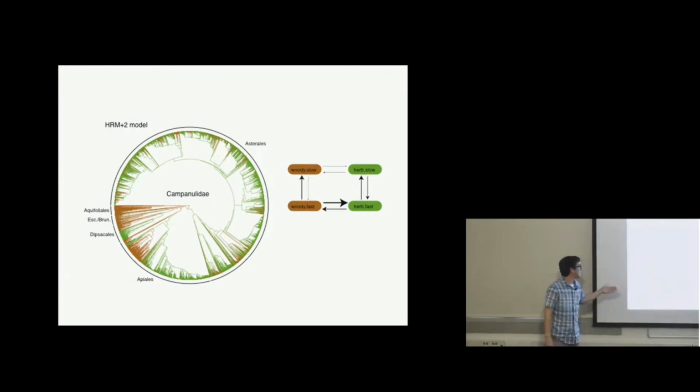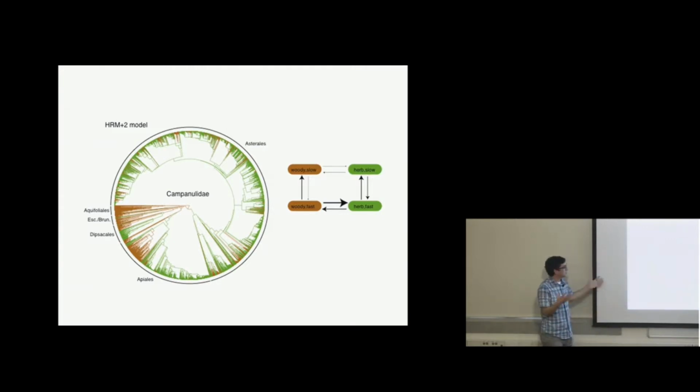So we fit that model to the same data set, and we see that the transition between woody and herbaceousness is complicated. In the upper slow category, we find the same model that we saw before with the two rates, which is that going from woody to herbaceous is less likely than going from herbaceous back to woody. But in the fast category, we find the exact opposite.